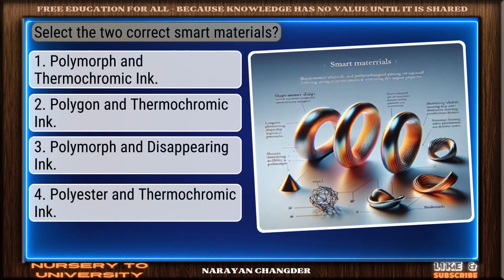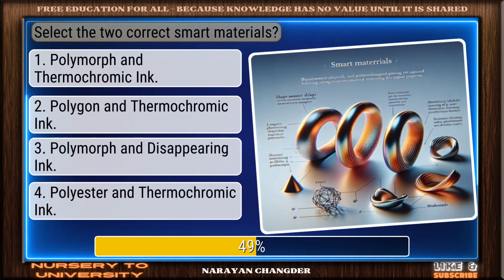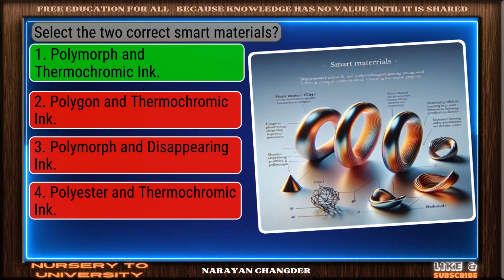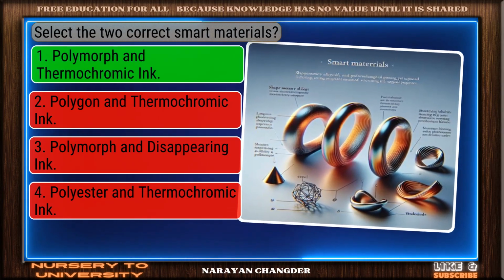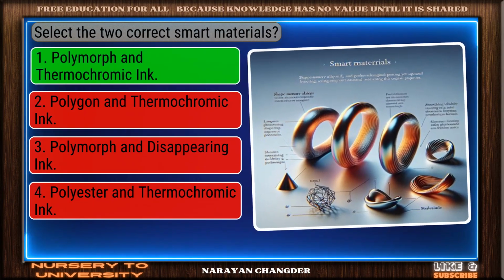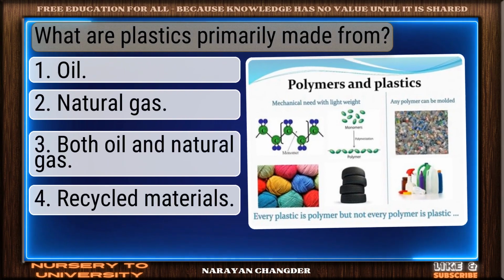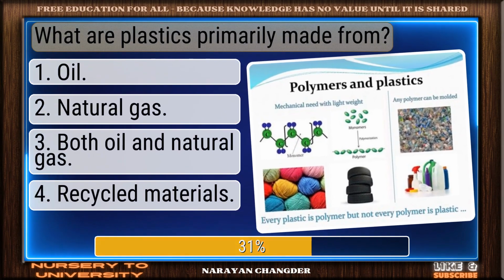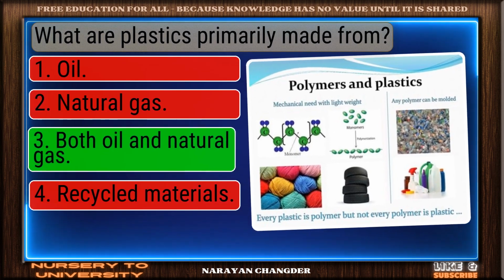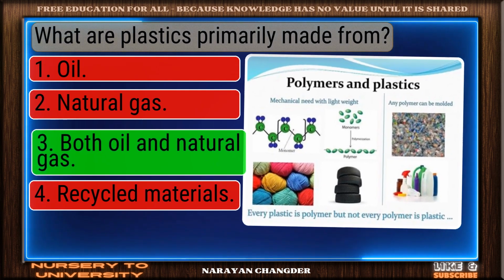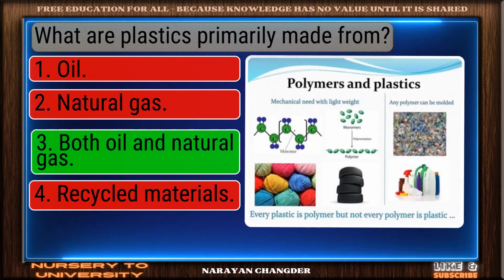Select the two correct smart materials. Good job. Your answer, polymorph and thermochromic ink, works well here. What are plastics primarily made from? Great thinking. Both oil and natural gas is the right choice.